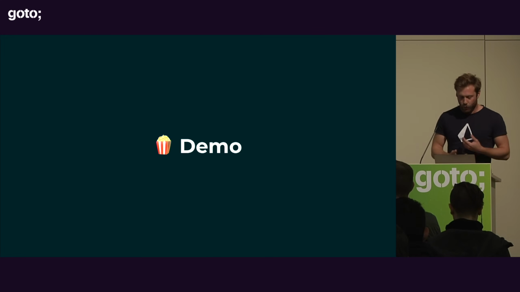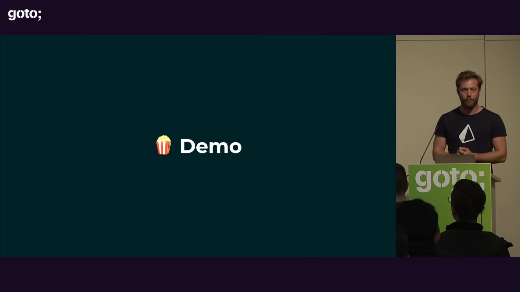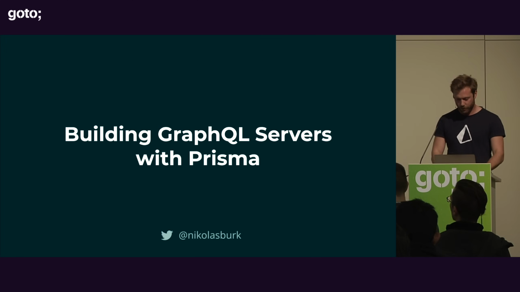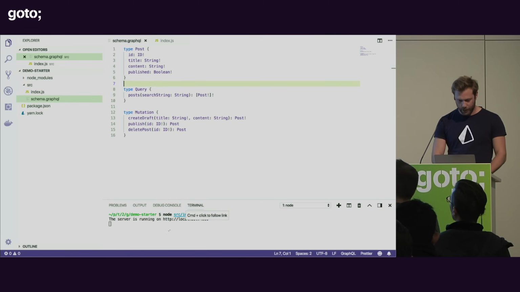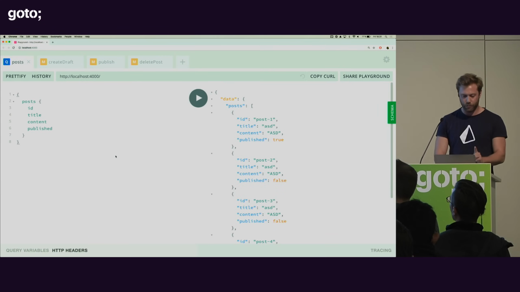Which brings me to the second part of the demo, where I'm going to show you live how the GraphQL server that I just showed you in the previous demo actually is implemented under the hood. Oops, okay. And here is the implementation of the GraphQL server. So this was the GraphQL server as a reminder.